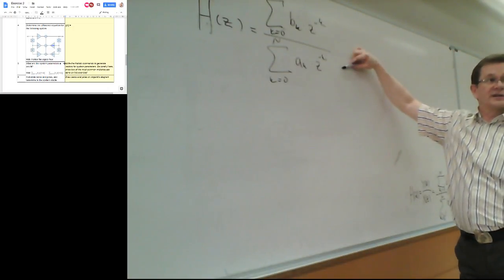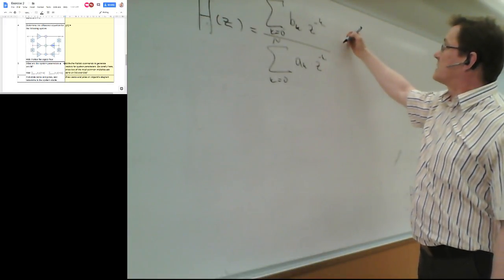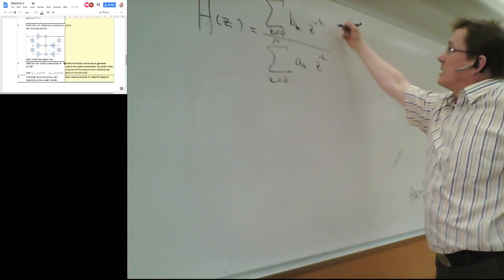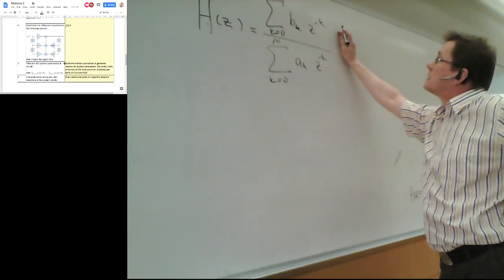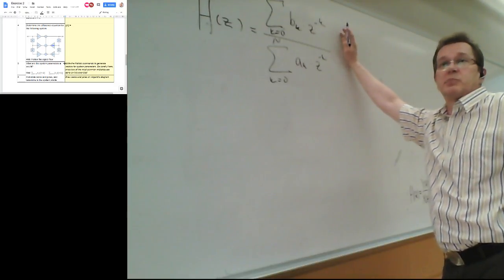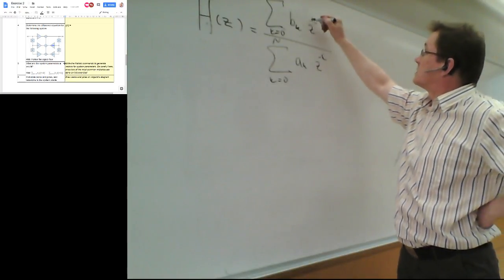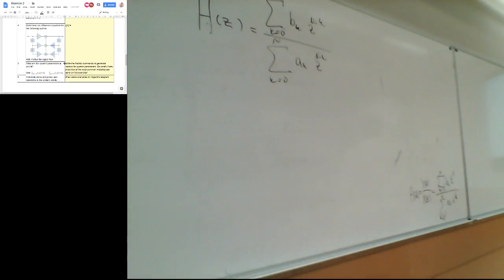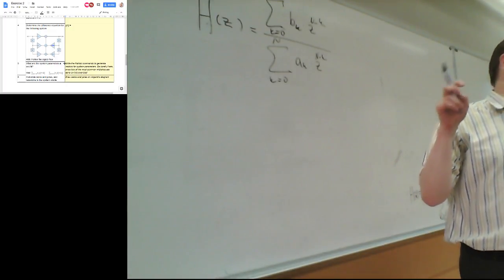numerator and denominator polynomial, the first thing you would do is to multiply both sides with z to the n to make it positive exponential polynomials. So we can just do it like that. We multiply it by number 1, which is z to the n divided by z to the n.